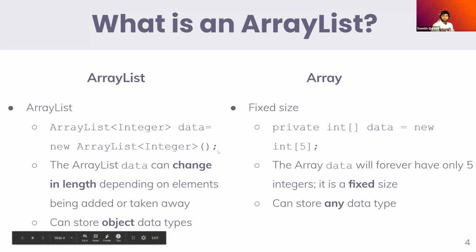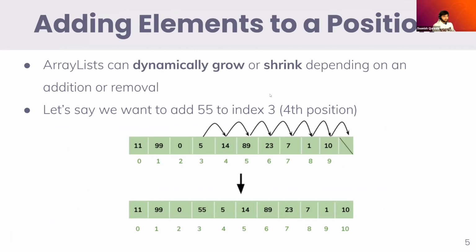We'll talk later about what this means, but this is just a brief overview. The main takeaway here is that array lists can change in size and store objects, versus the array, which will have to stay that length forever and can only store mostly the primitive data types and maybe some classes. Everyone good with that? Makes sense? Perfect. Thank you, Walid, for the thumbs up.